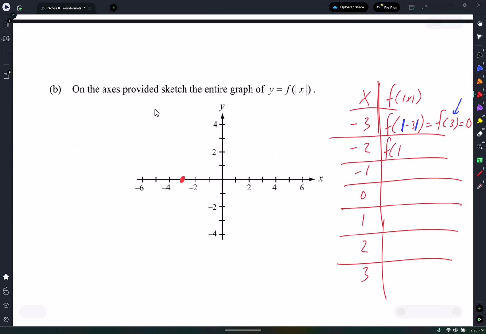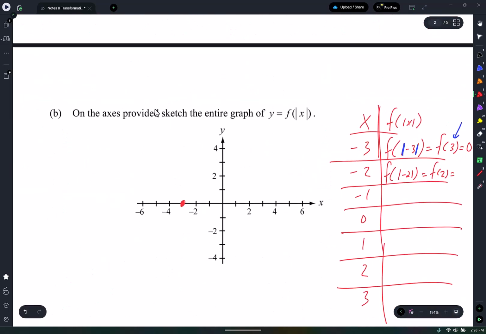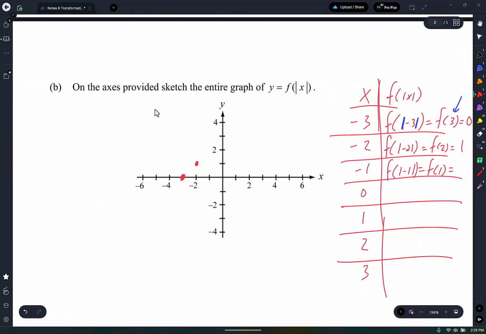F of absolute value of negative 2. Absolute value of negative 2 is 2, and f of 2 is 1. So negative 2, 1. F of absolute value of negative 1 is f of 1, and f of 1 is 0.